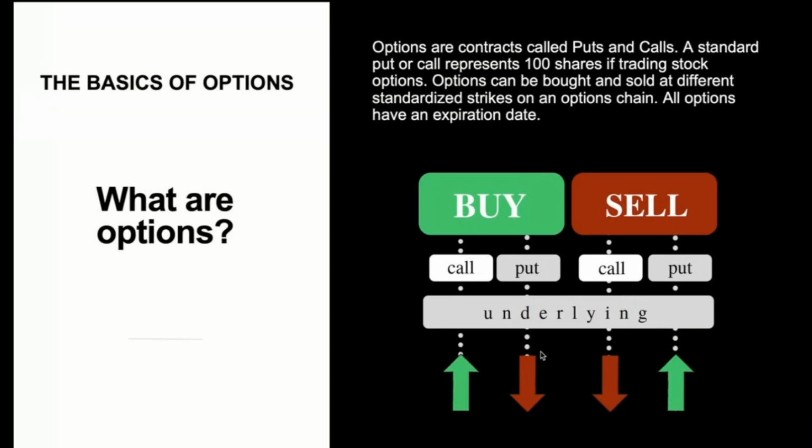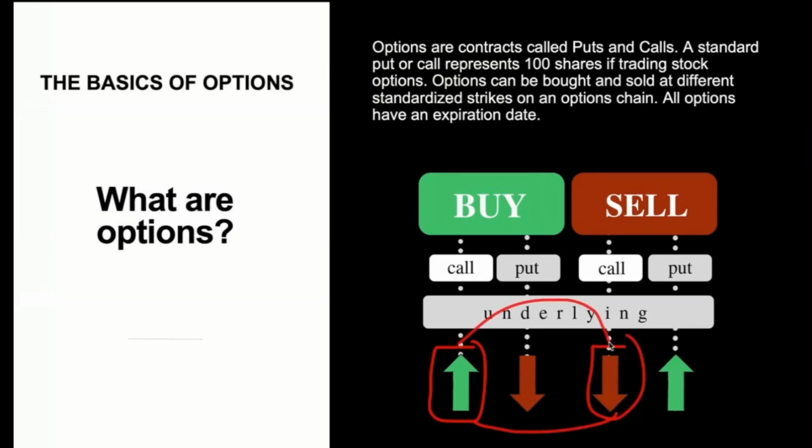If you're buying the put, that's when you are bearish. When you are selling the put, that's when you are bullish. So you have to know what you are doing and what that represents. Same with the call, right? You can be bullish by being the buyer of the call, or you can be bearish by being the seller of the call. It all depends on what you're doing.